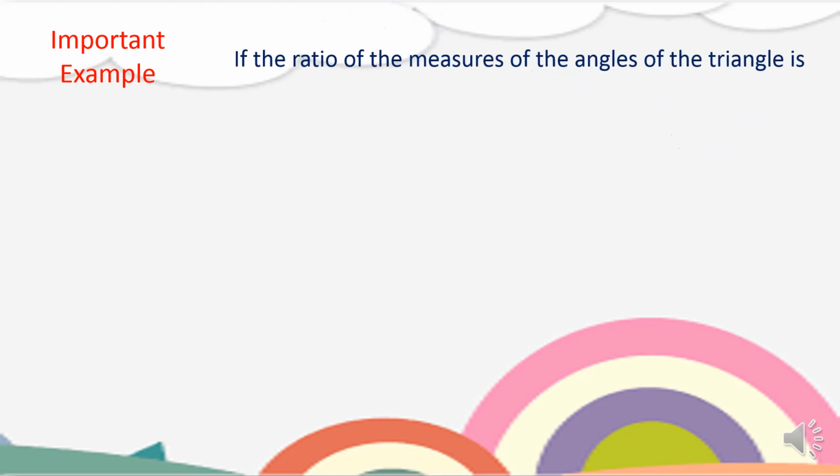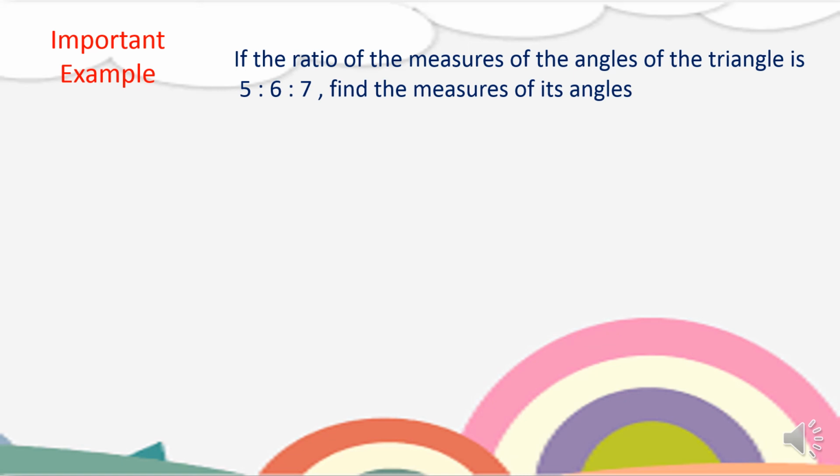Important example. It's a very important example. If the ratio of the measures of the angles of a triangle is 5 to 6 to 7, find the measures of its angles. I have a ratio between three angles in one triangle, but I don't have any real value.